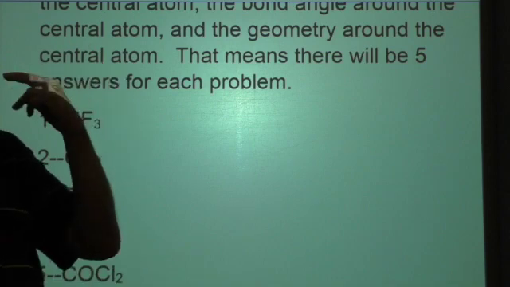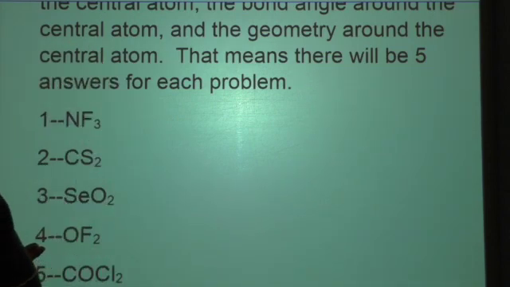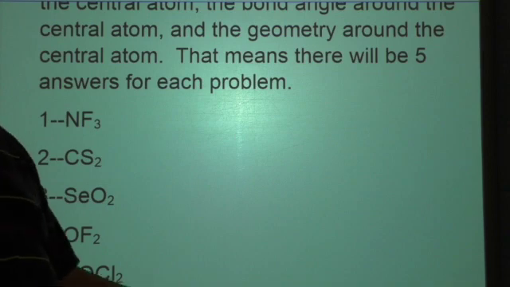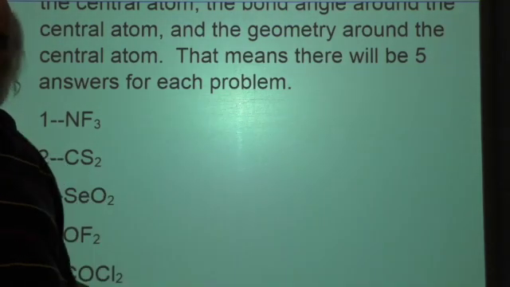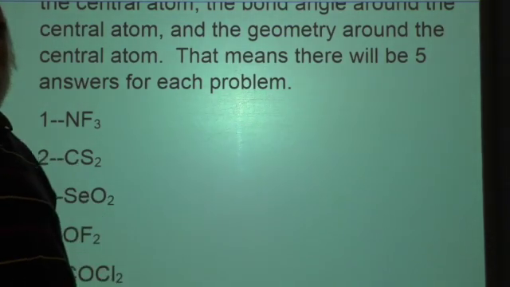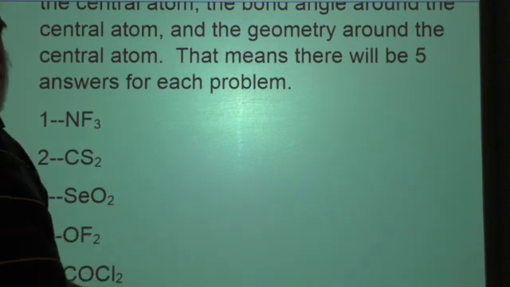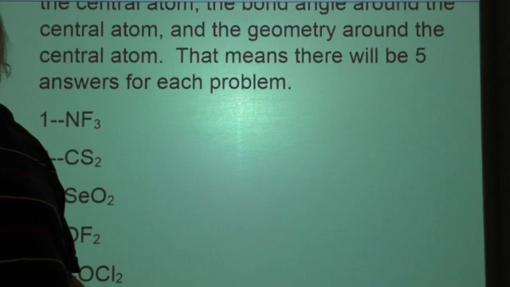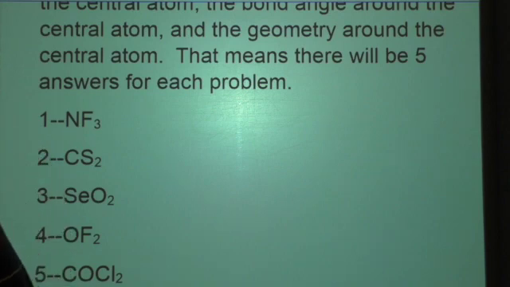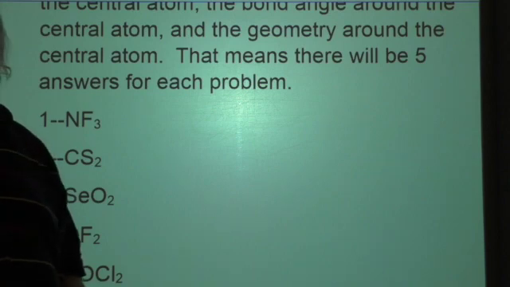You're going to identify the central atom. And then you are going to come up with the number of sets of electrons around the central atom, the bond angle, the number of bonds, and the geometry for all 5. All right? Have fun.